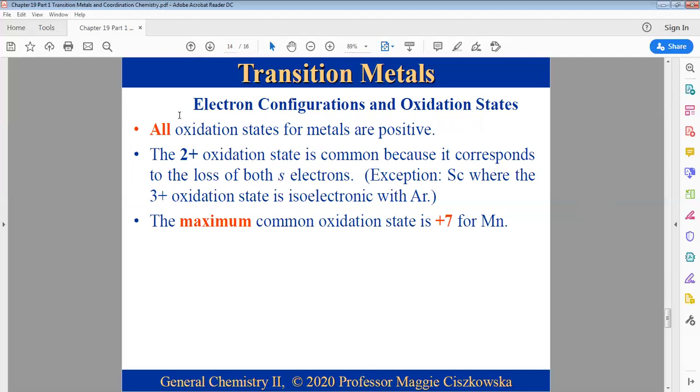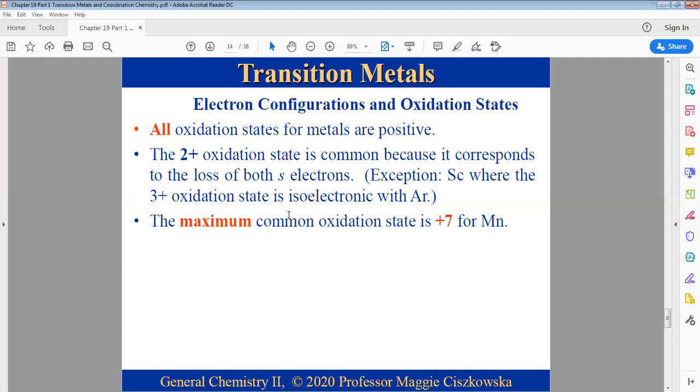By the way, all oxidation states for metals, including transition metals, are positive. The most common oxidation state is +2, but we also have +1, +3, all possible positive oxidation states.